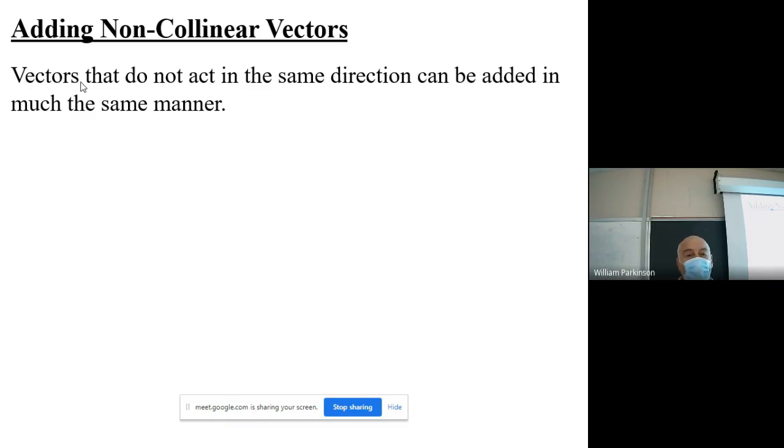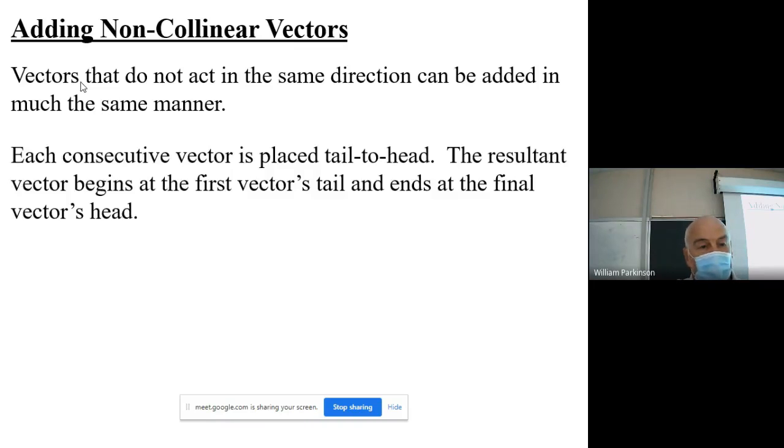What you do is, again, you do the tip to tail trick, and you look at which direction the net vector will travel based on the tip to tail connections. Each consecutive vector is placed tail to head, and the resultant vector begins at the first and ends at the final. So here's what I mean.